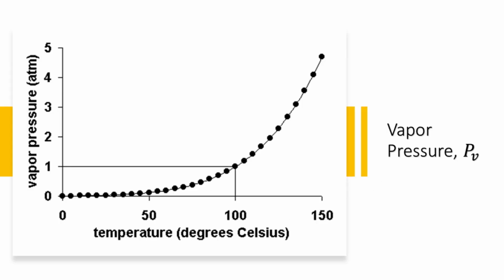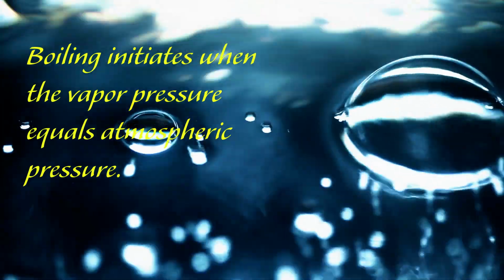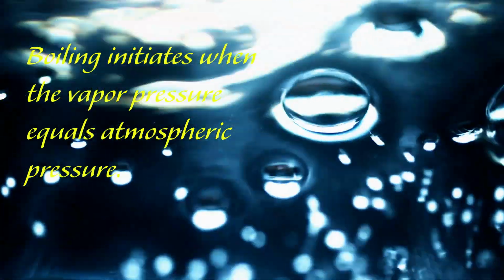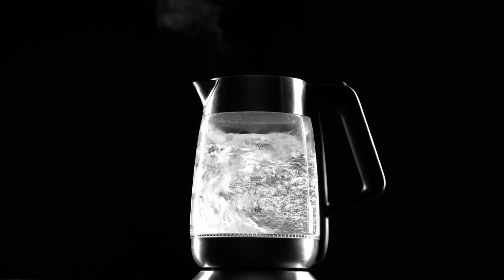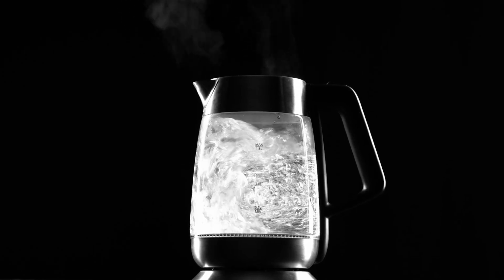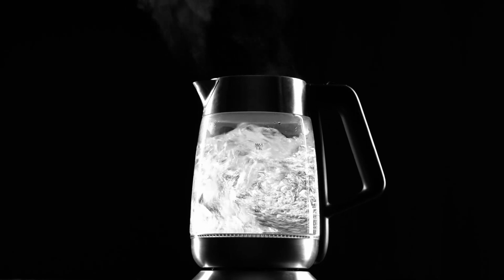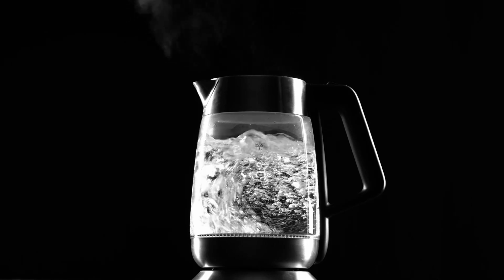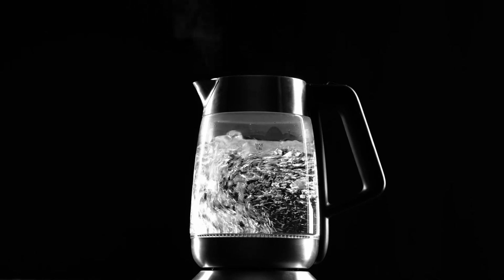By heating a liquid, the vapor pressure can be elevated, allowing more molecules to enter the atmosphere. Boiling initiates when the vapor pressure equals atmospheric pressure. In the absence of external pressure, liquid molecules can disperse, transitioning from a liquid to a gaseous phase. The resultant gas, forming bubbles within the liquid, ascends to the surface and is released into the atmosphere.